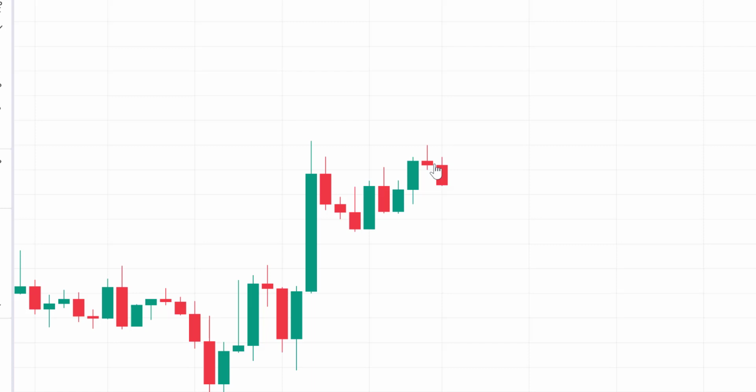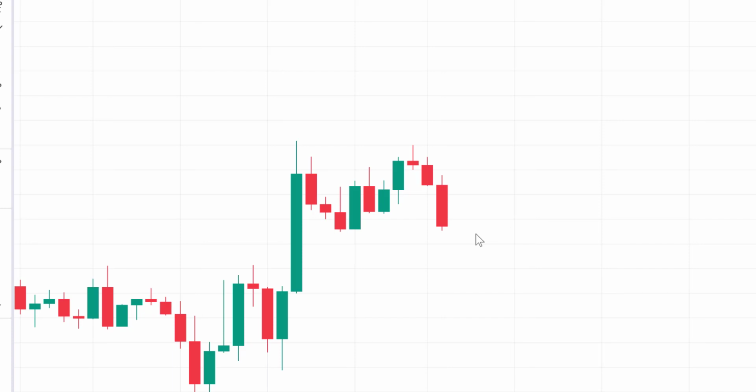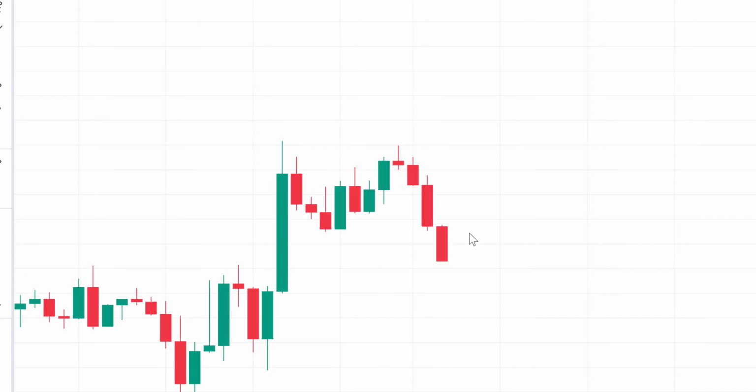The shooting star is another sign of rejection, meaning the price may likely go down, okay, so the price may likely fall. So let's just see how it goes. You can see this could as well give us a 1 to 5 trade. Let's see, short position.